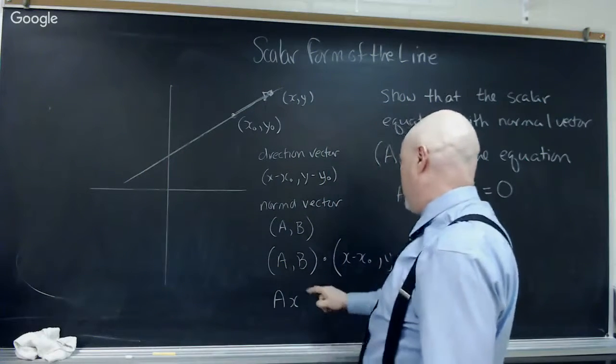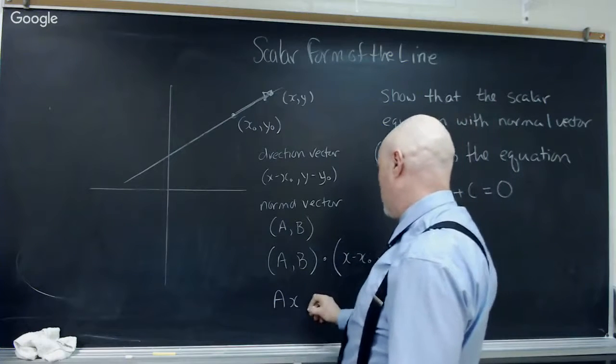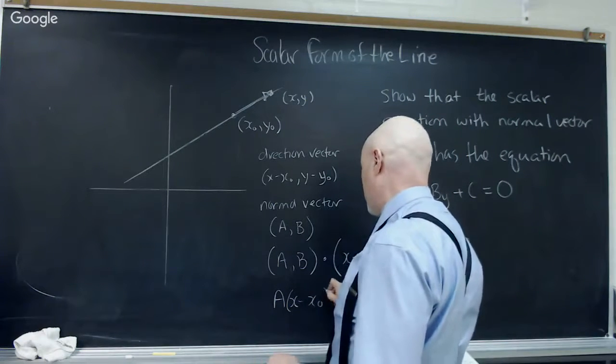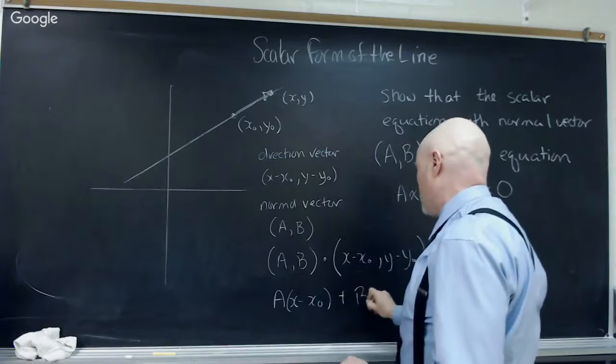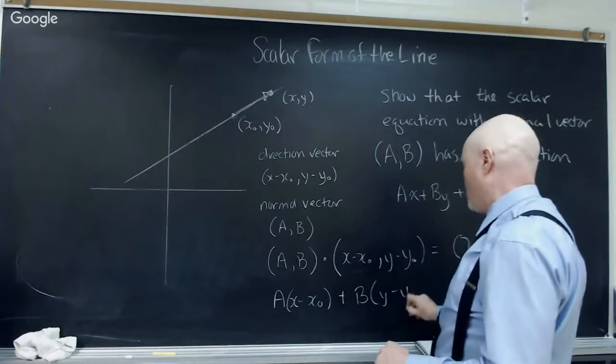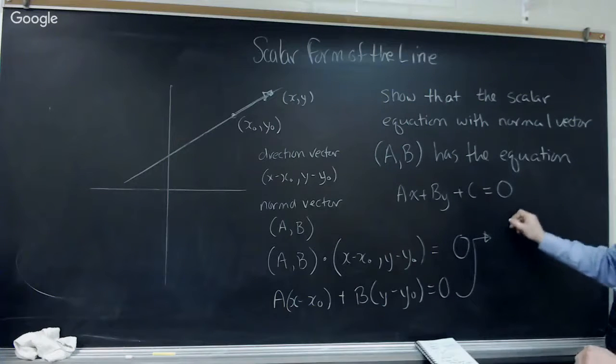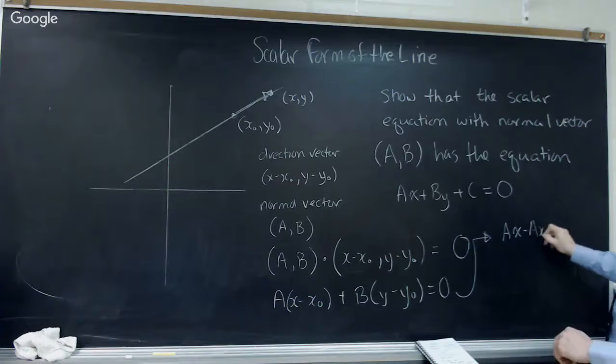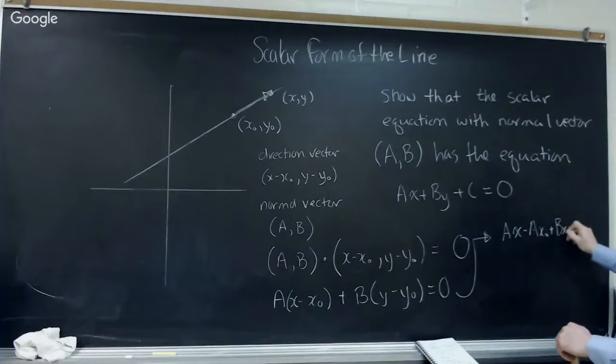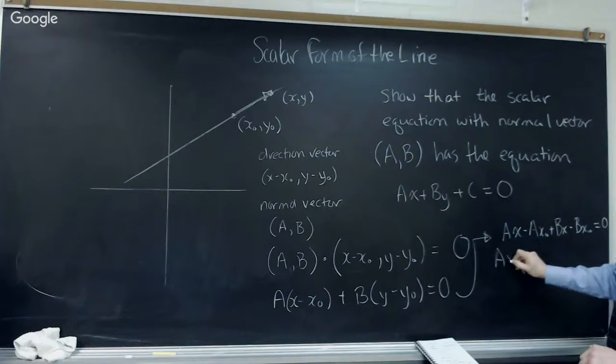So the dot product is going to be a times x minus x naught plus b times y minus y naught equals 0, which becomes ax minus ax naught plus by minus by naught, which is equal to 0. And I'm almost at the result I was after.